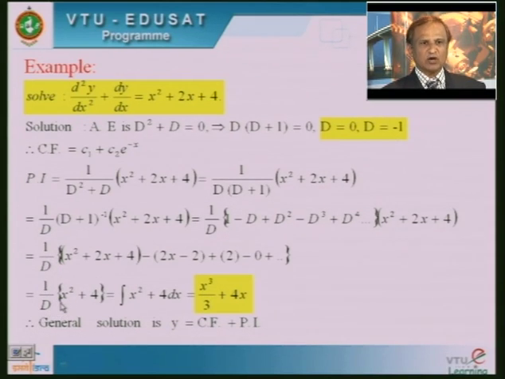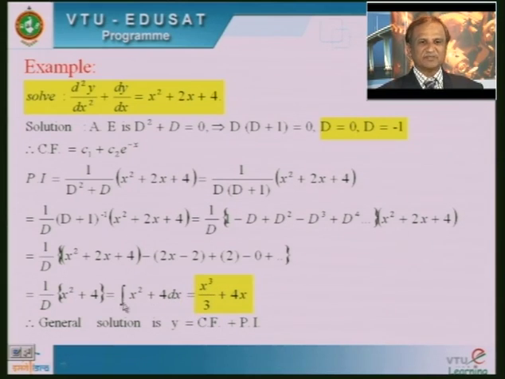Now, I want to operate on this function x square plus 4. Here 1 upon D stands for integration. So, the same statement can be written in this form: integration of x square plus 4 into the bracket dx.